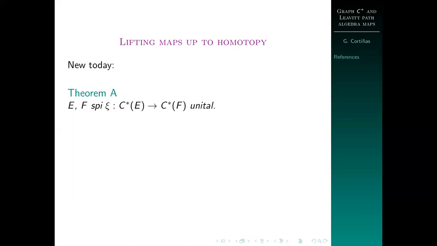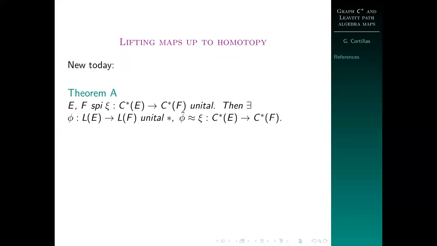This is what I will call theorem A. It says that if E and F are SPI graphs and psi is a unital star homomorphism between C star E and C star F, then there exists a unital star homomorphism from LE to LF, such that when you pass to the completion, you get something homotopic to the star homomorphism you started with.